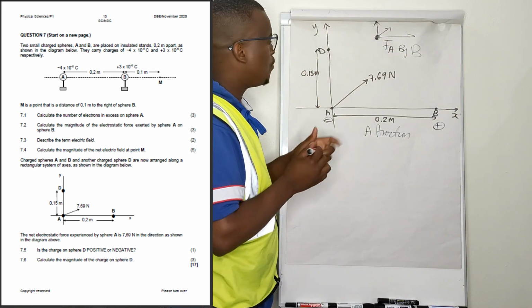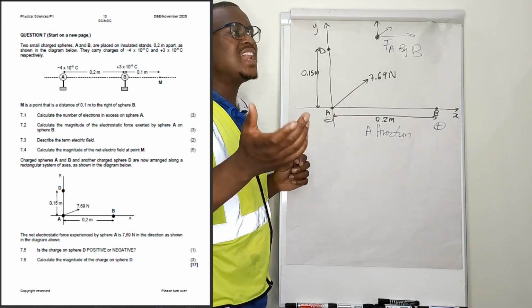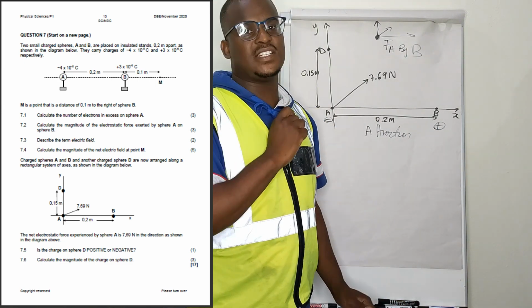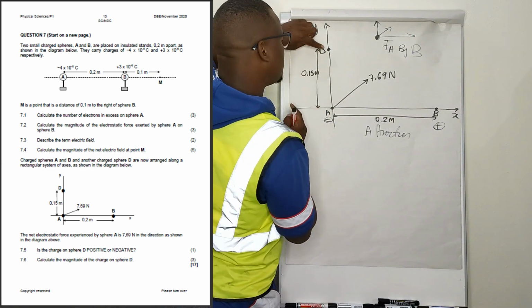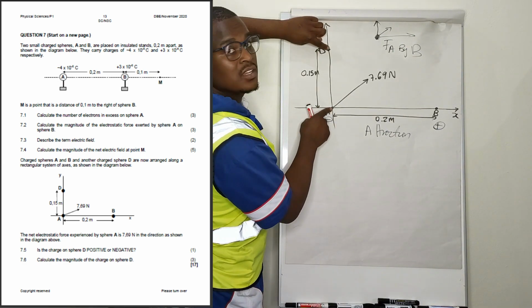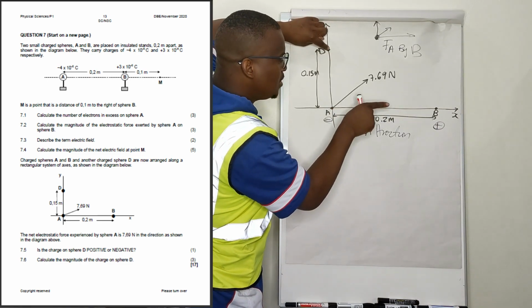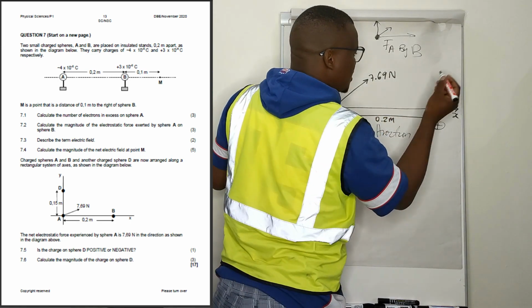So D should be positively charged. But now let's assume, for argument's sake, that D was negatively charged. Then the force between D and A will be repulsive. I'll draw another force diagram.